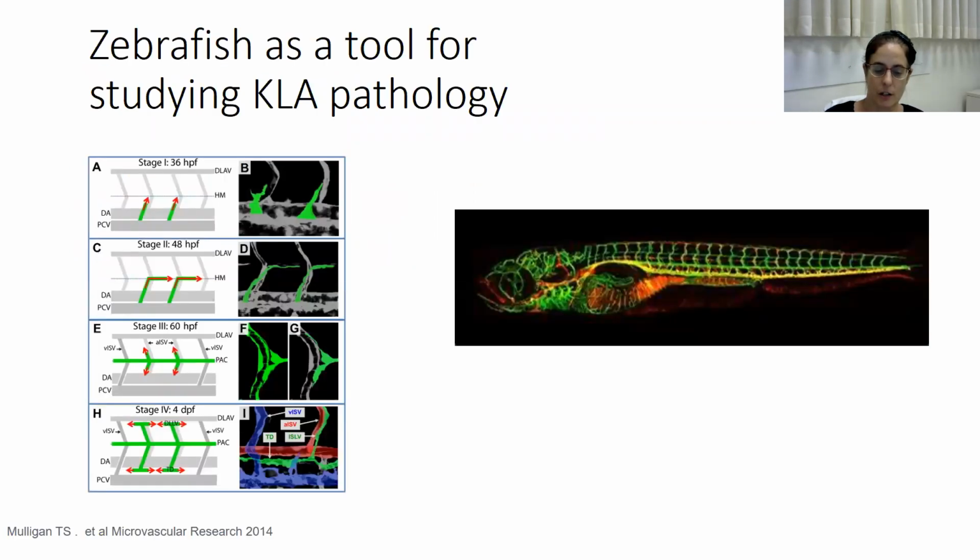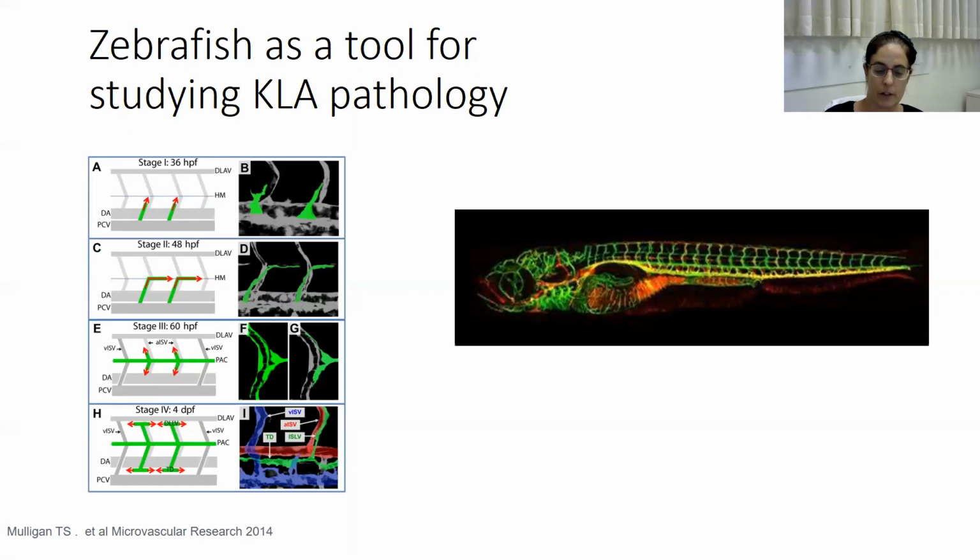The zebrafish has several advantages as a model organism to study KLA pathology. It has small size, external and rapid development, and optical transparency that facilitates its imaging.